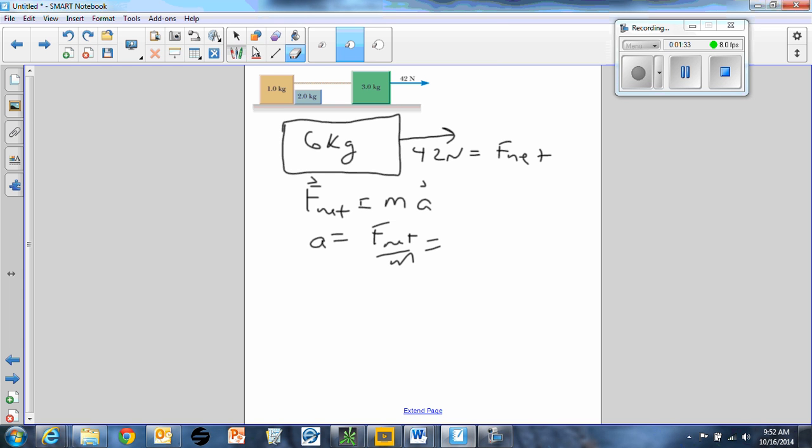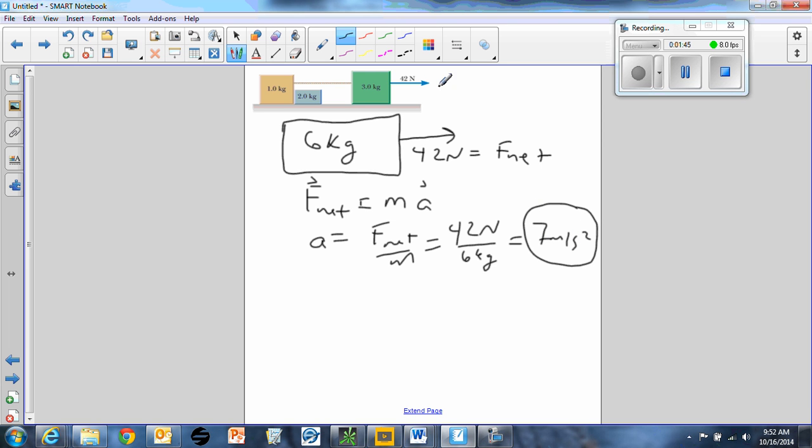Back up here. That's 42 newtons divided by 6 kilograms. And that gives me 7 meters per second squared. That's the acceleration of the whole system. That's the acceleration of the 3 kilogram block. That's the acceleration of the 2 kilogram block. That's the acceleration of the 1 kilogram block, because they're all connected.